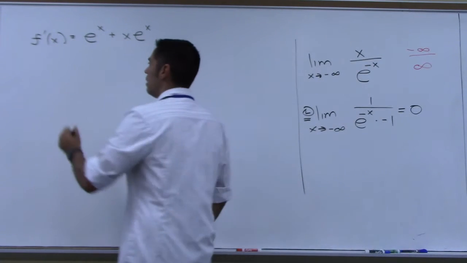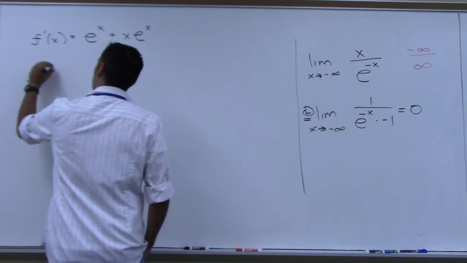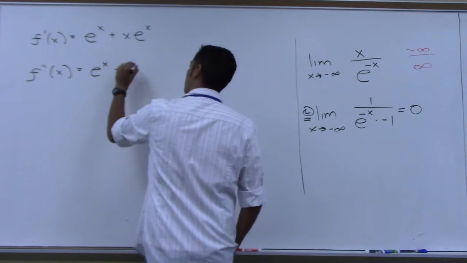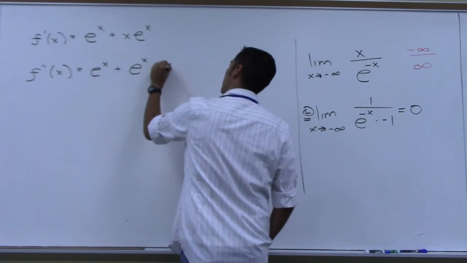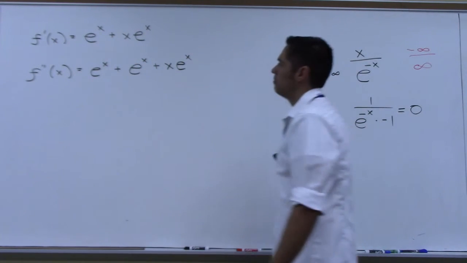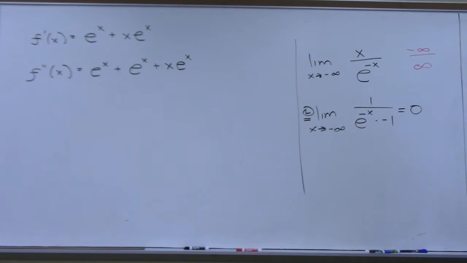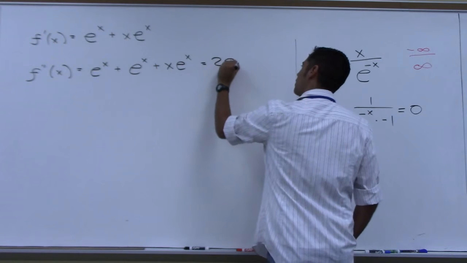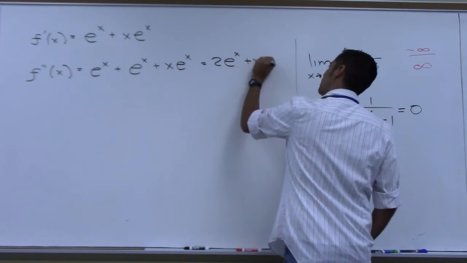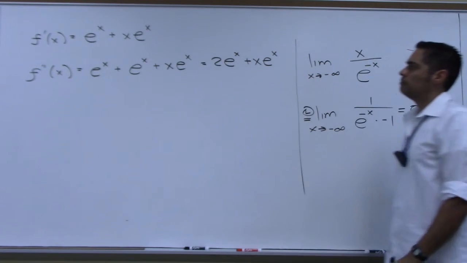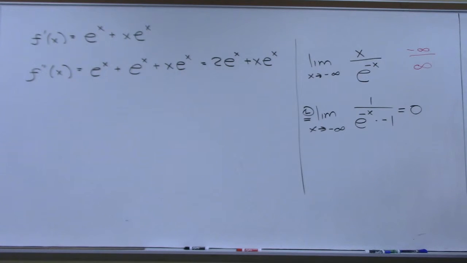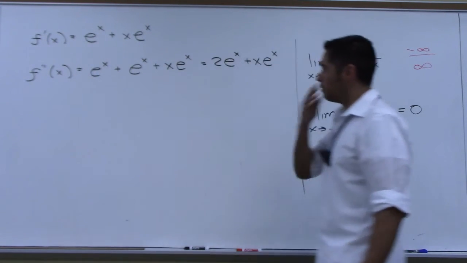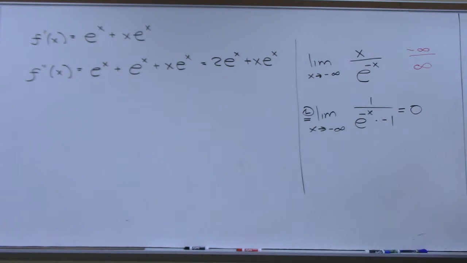You want to take the derivative again? e to the x plus, and then that's going to be e to the x plus x e to the x again, which is really just 2 e to the x plus x e to the x. Because of time constraints, I'm going to assume you could get those on your own. If you can't, go back, ask me questions later.